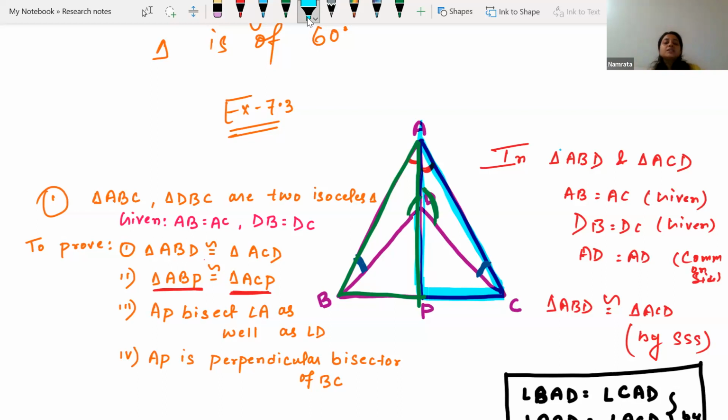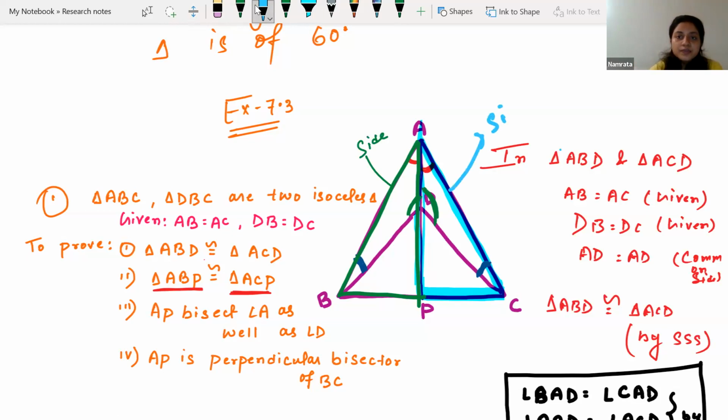Now ABP, ACP, let's see what exactly we have that is the same. Here in the green triangle, can you see that this side is the same as that side AC?